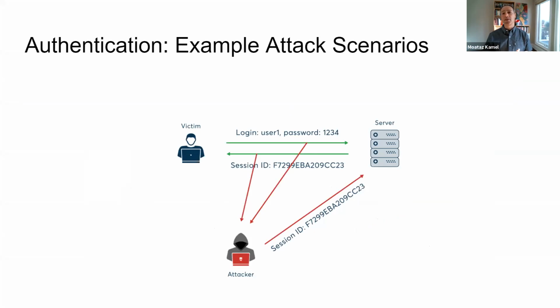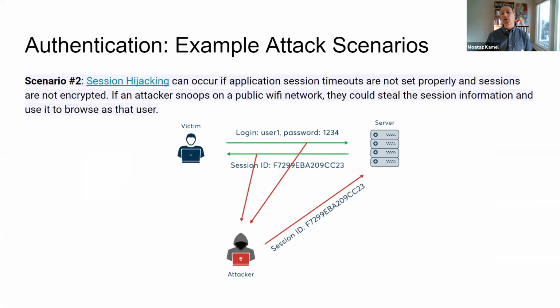Another type of attack scenario is something called session hijacking. A session hijacking occurs if the application session timeouts are not set up properly and the sessions are not encrypted. If an attacker is snooping on a public Wi-Fi network, let's say at a coffee shop where the Wi-Fi is not encrypted, they could steal some of the session information.